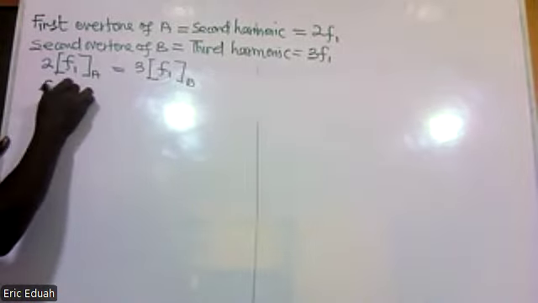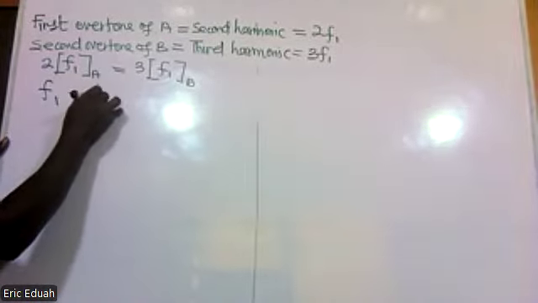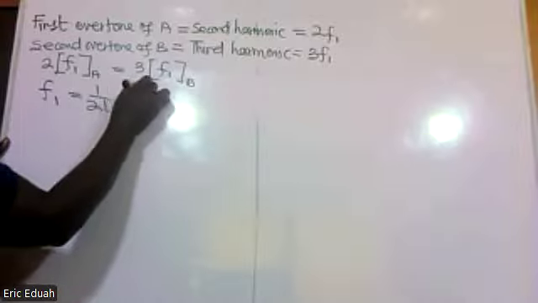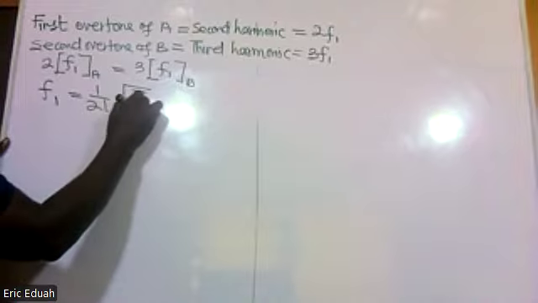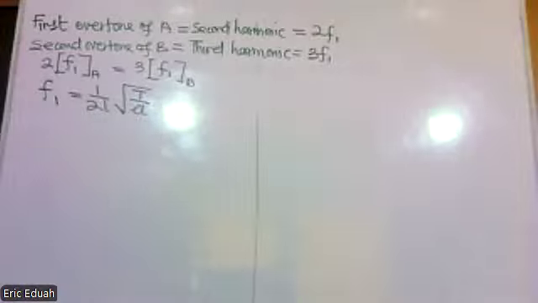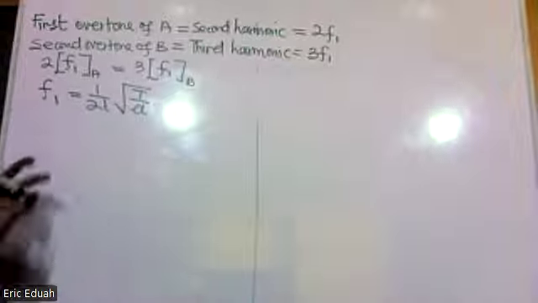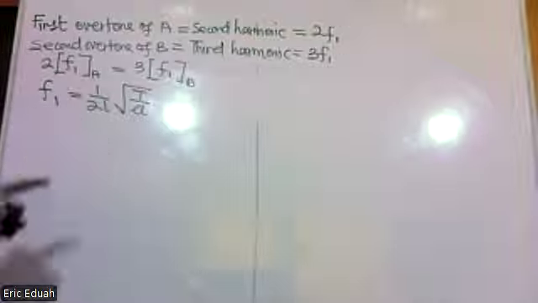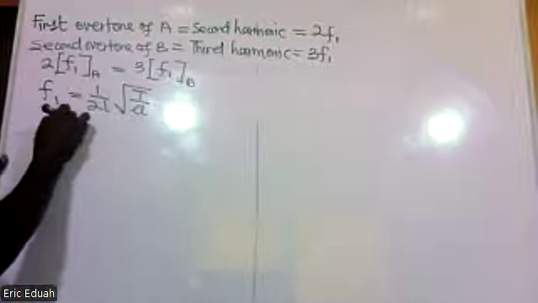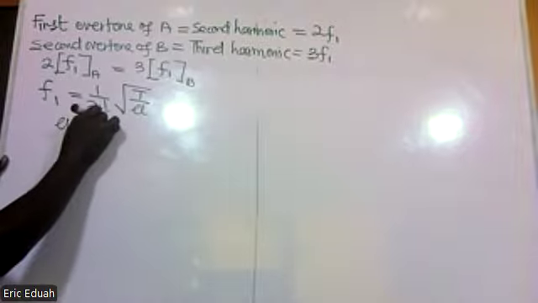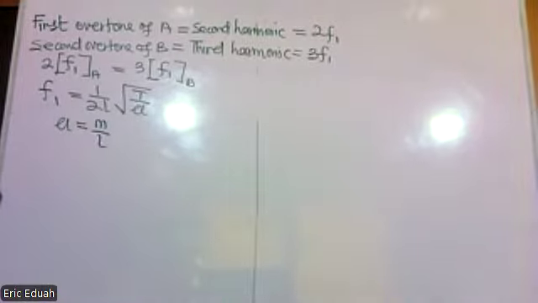F1 is equal to 1 over 2L times the square root of T on mu. Okay, now let's simplify this. Since we have changing mass and length, let's simplify to get an expression for mu. Mu is M on L.